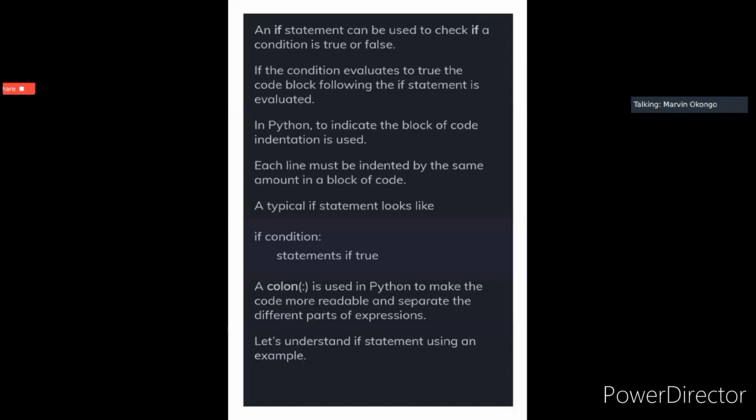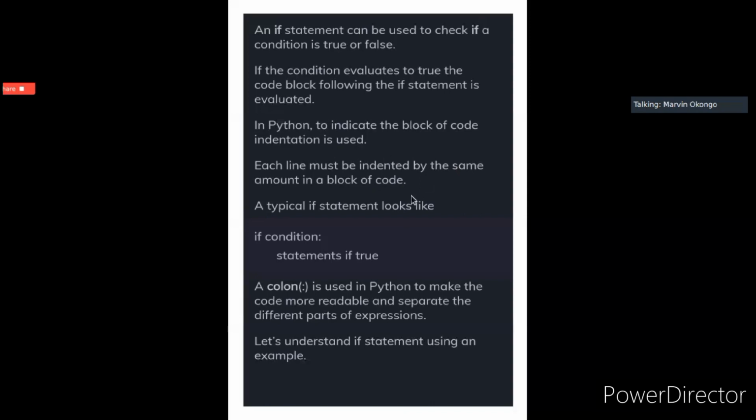You can find many errors which are very simple because you did not indent your work. Indentation means spacing from the margin. So each line must be indented by the same amount in a block of code.